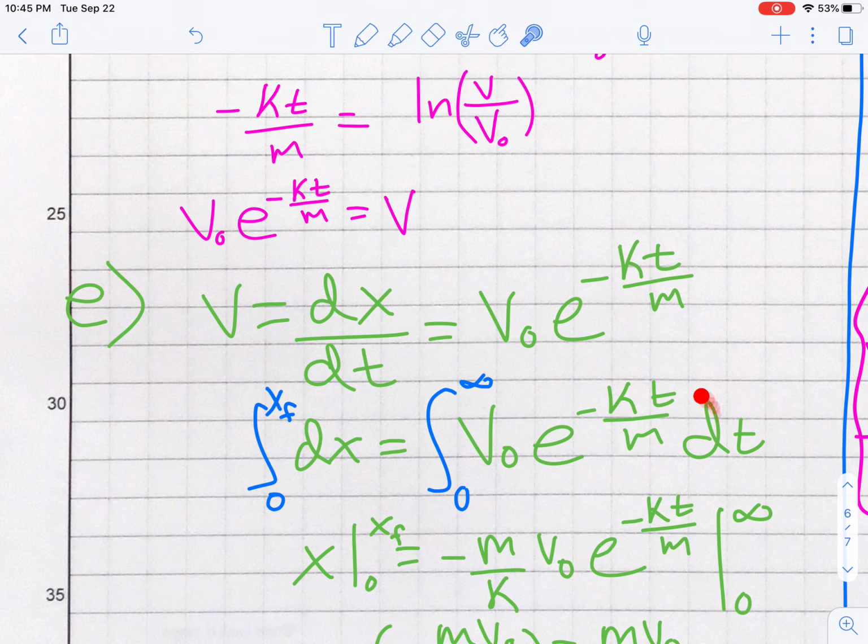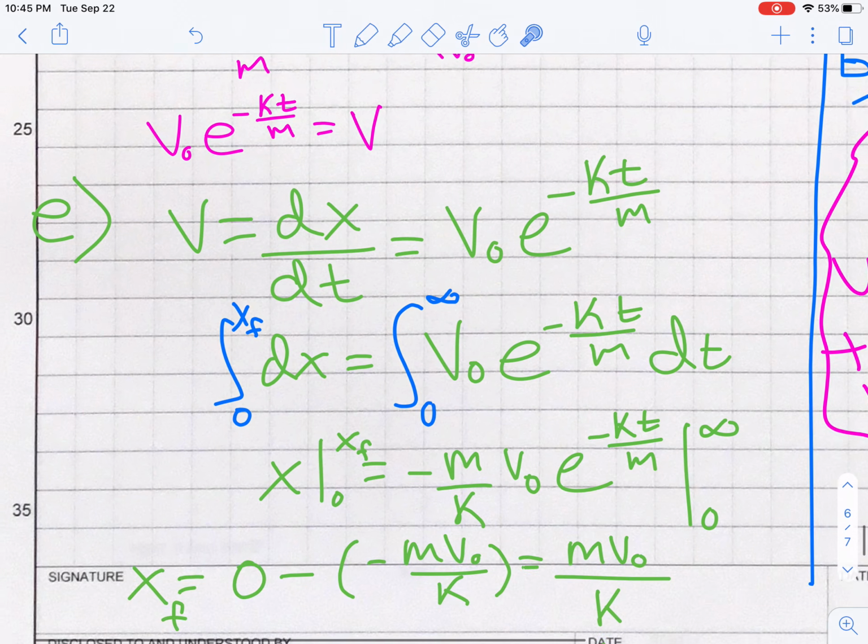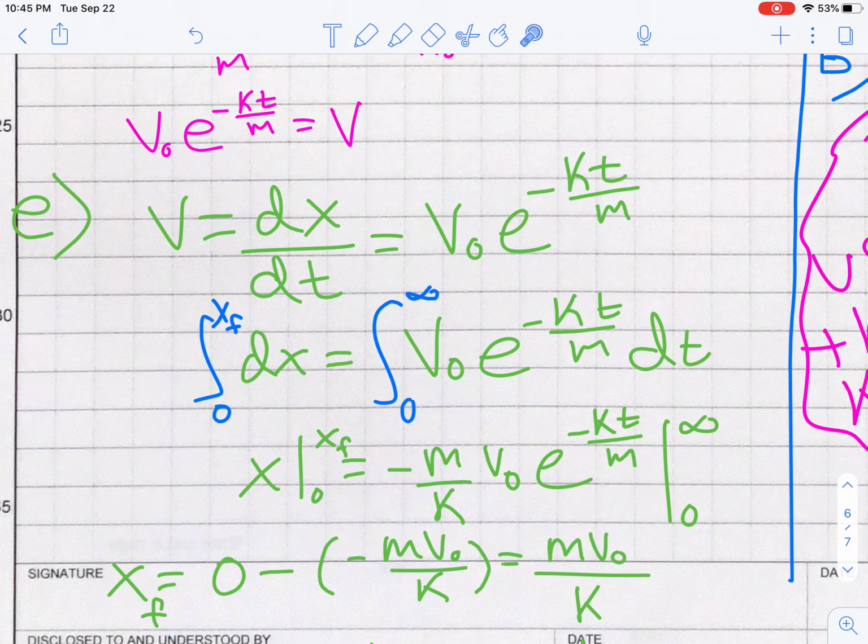When we integrate this, we're going to get negative m over k, which is the reciprocal of what we have up top, times v naught e to the same stuff. Now imagine taking the derivative of this. The derivative of this would be all of this times the derivative of what's up top, which would be negative k over m. That negative k over m would cancel with the negative m over k, and we'd be right back here.